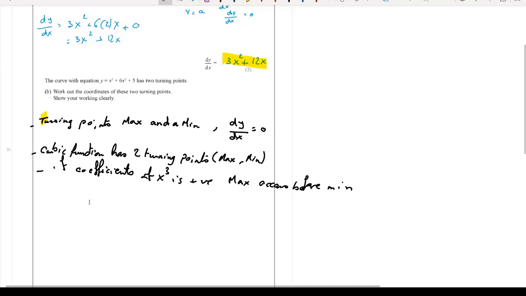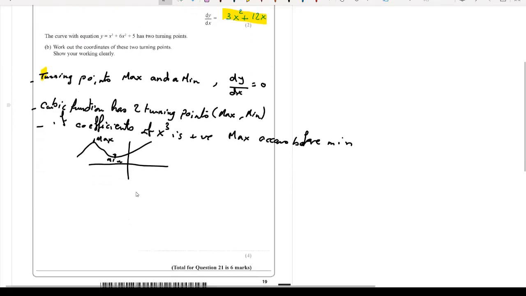It means something in this shape. If you want to draw this, it's going to be something like this, where the maximum occurs before the minimum. Particularly, he doesn't want to know the nature of those two turning points. He was just asking for the coordinates.